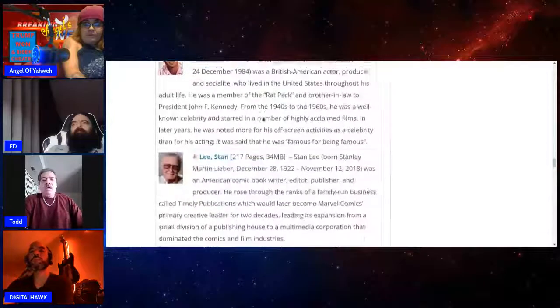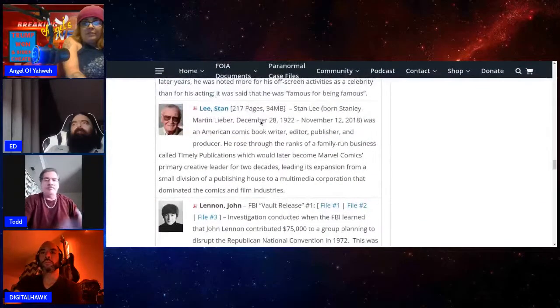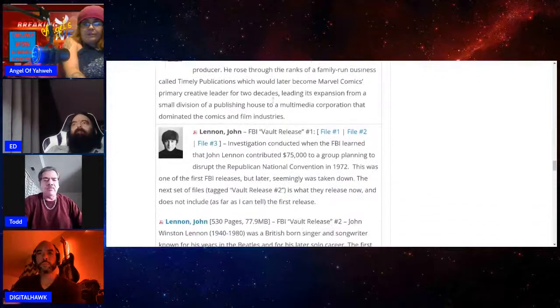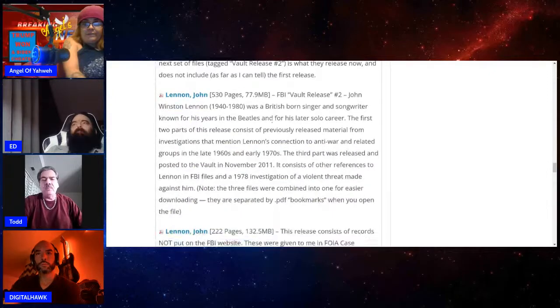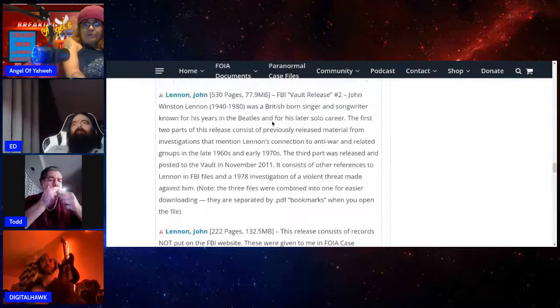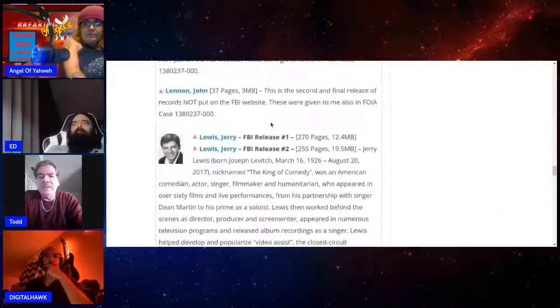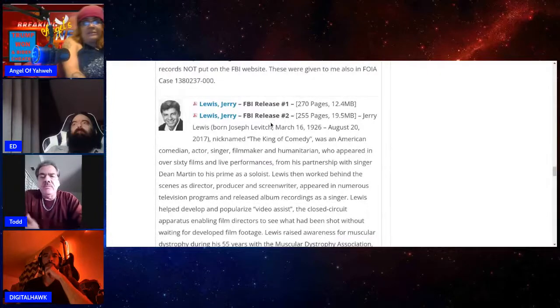Peter Lawford. Stan Lee, who created Spider-Man. He was a comic book writer. John Lennon. Well, there's 1, 2, 3, 4 John Lennons. And there's 2 Jerry Lewises.